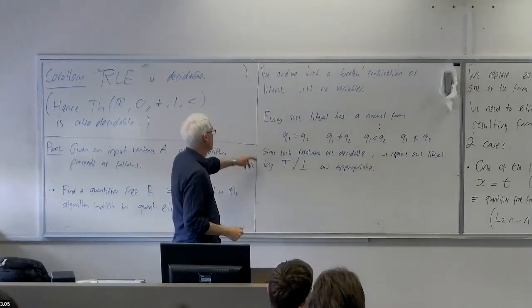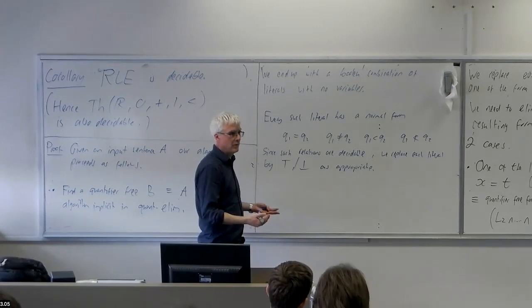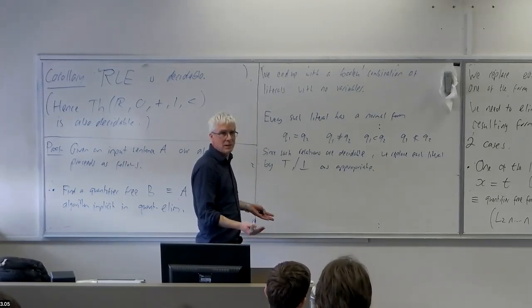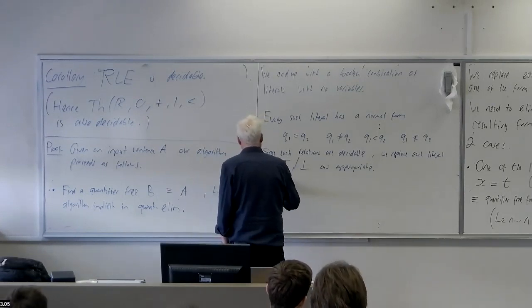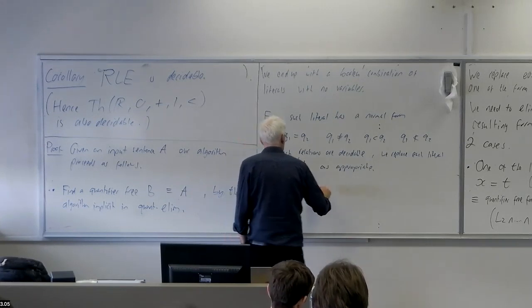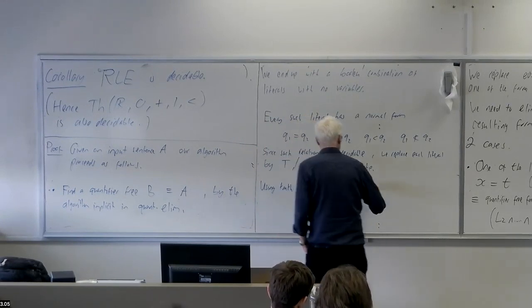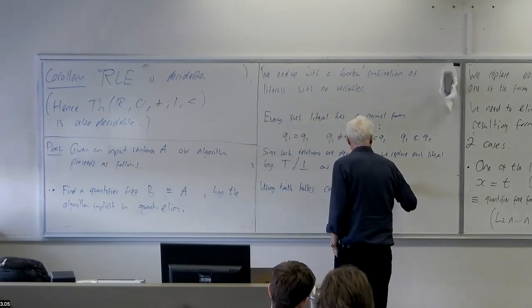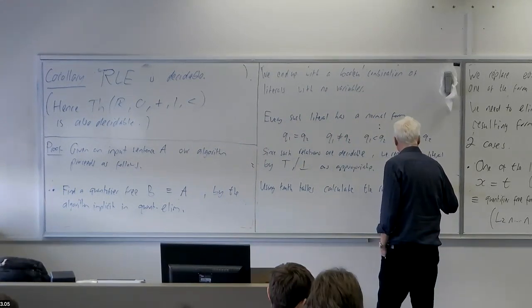Okay, so we now have a Boolean combination of true and false, just using ands and ors, and using truth tables, every such combination calculates to either true or false. So using truth tables, we calculate the resulting Boolean combination of truth values.